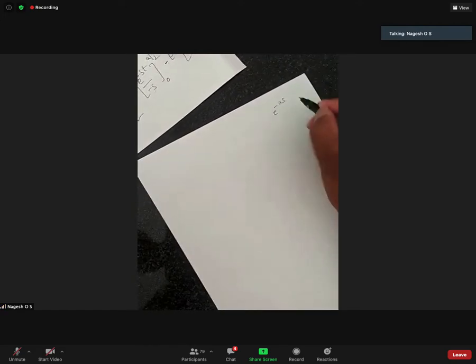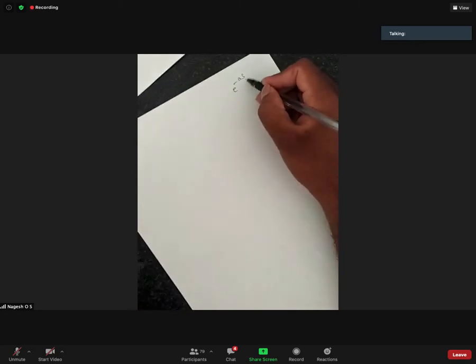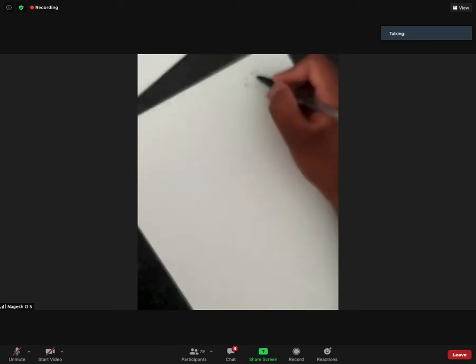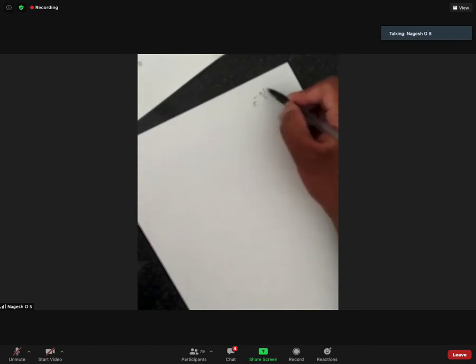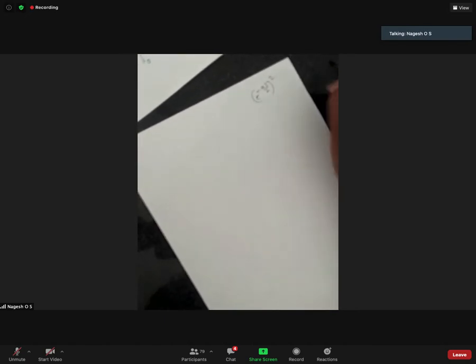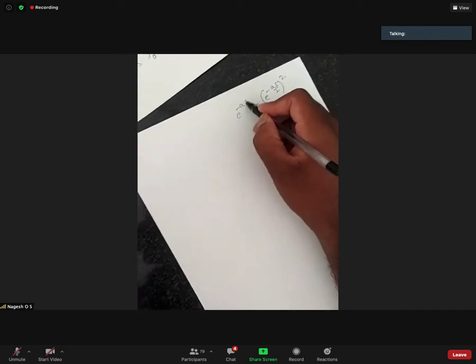So you can write e power minus s as e power minus s by 2 whole square. Correct? It is not visible properly. Wait.